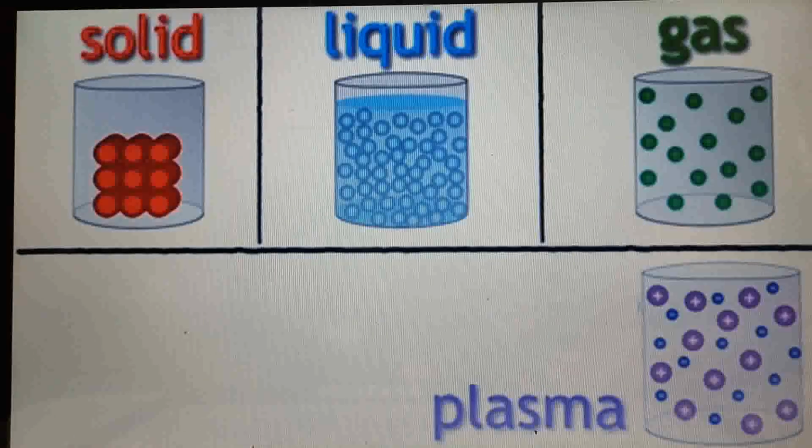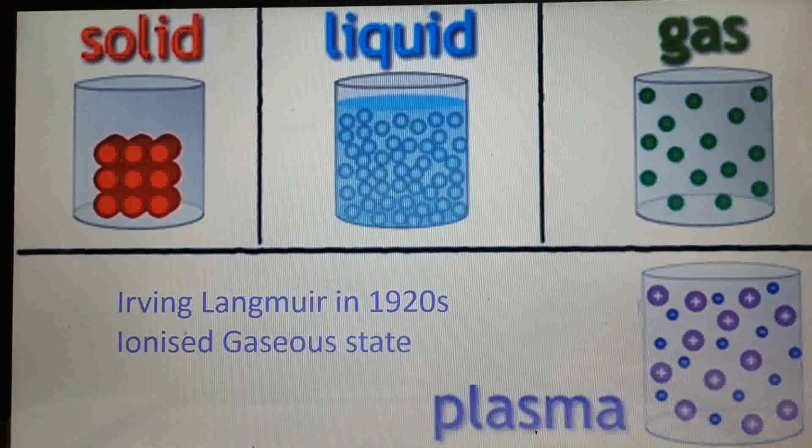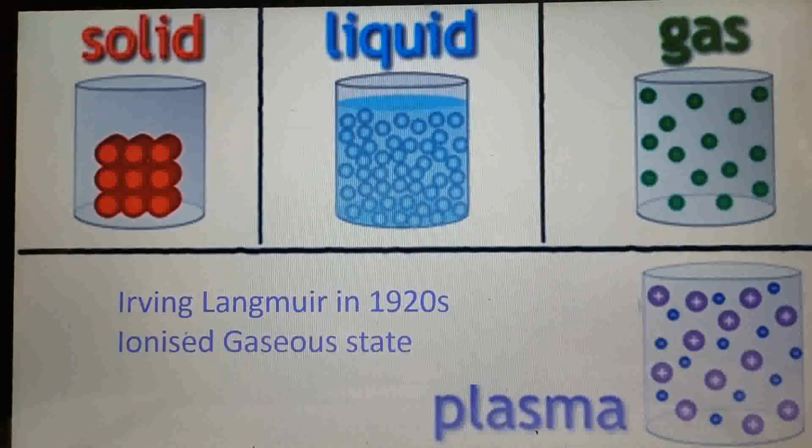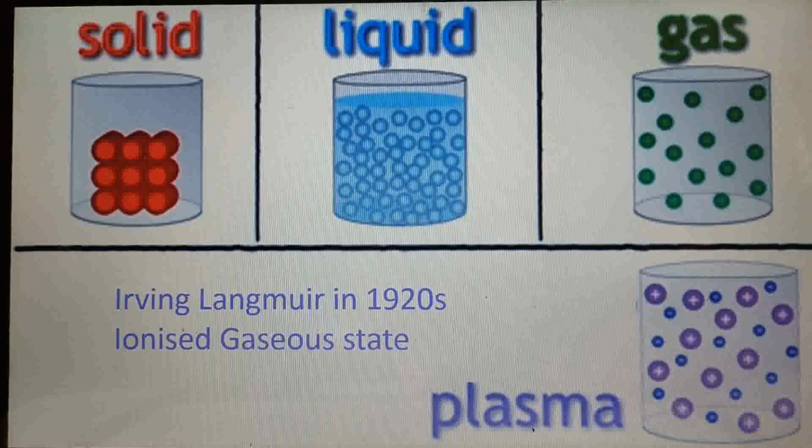It was described by Irving Langmuir in the 1920s. It does not exist freely on Earth's surface, so we will discuss it in further classes. Let us concentrate on the three main states.